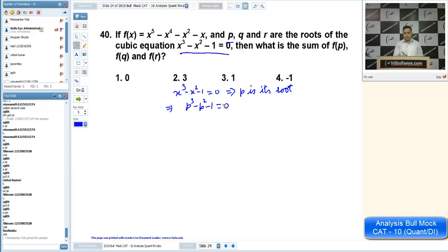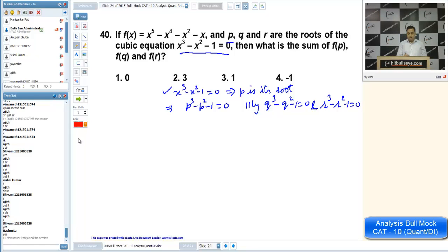Similarly, Q cube minus Q square minus 1 equal to 0 and R cube minus R square minus 1 equal to 0 will be true also. Reason being, Q and R are also the roots of the same cubic equation x cube minus x square minus 1 equal to 0. Is it clear?